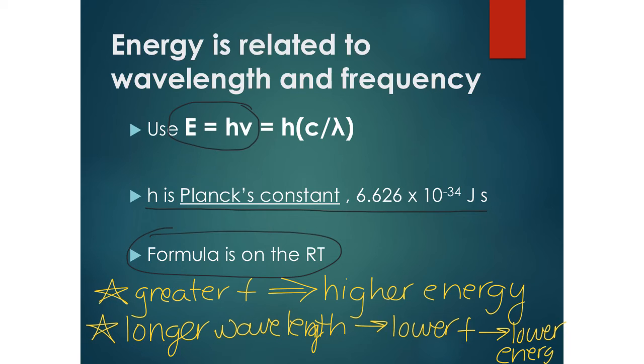So it's very good to know those relationships so you can visualize your wave. You also can use the equation to help you out. So we know mathematically if our frequency is higher, that will correlate to a higher energy. If our frequency is lower, it would give us a lower energy.